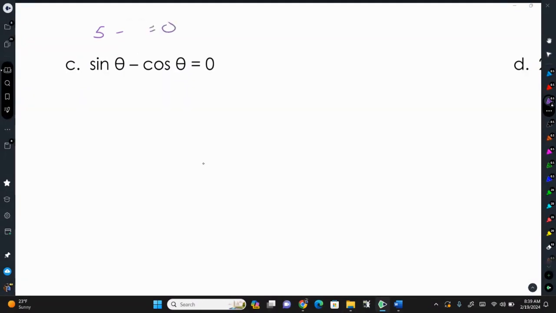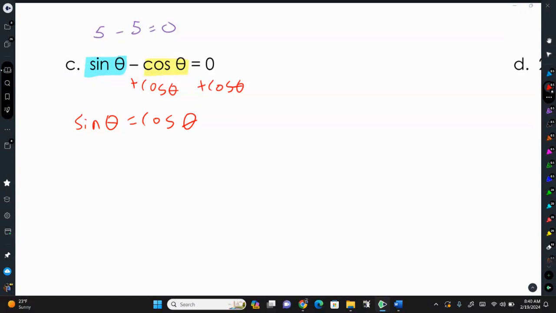So what this means is that for this equation, these two have to be exactly the same. Sine has to equal cosine. Or if we added cosine to both sides, sine theta equals cosine theta.